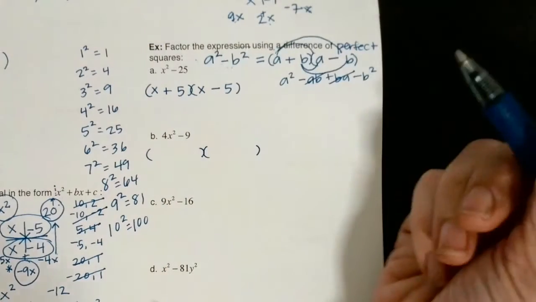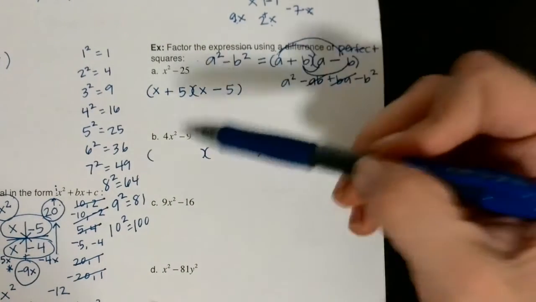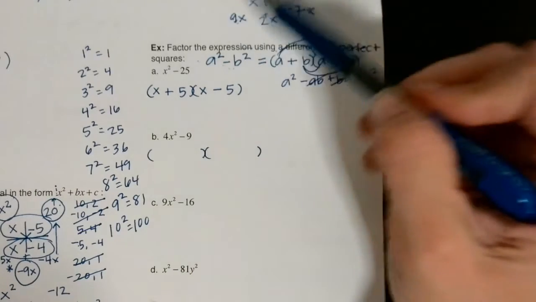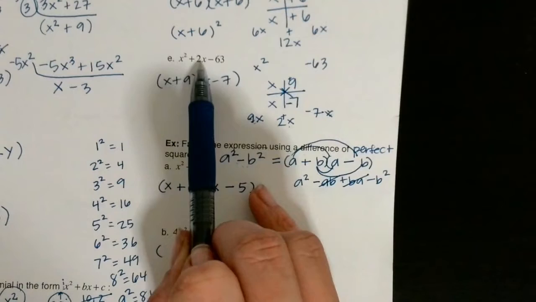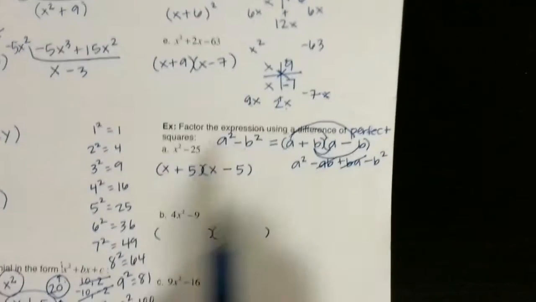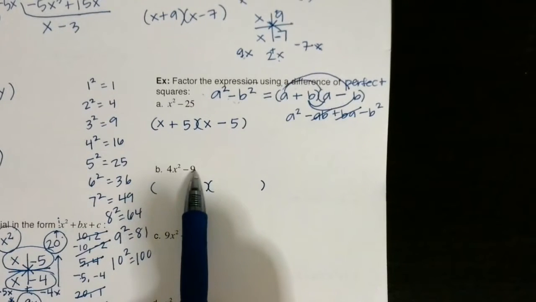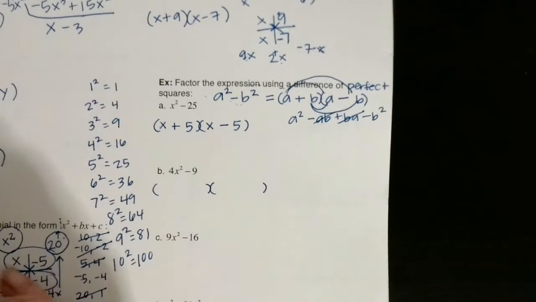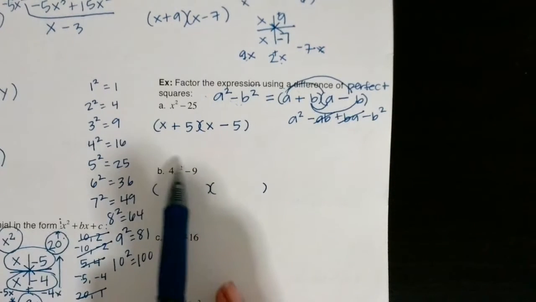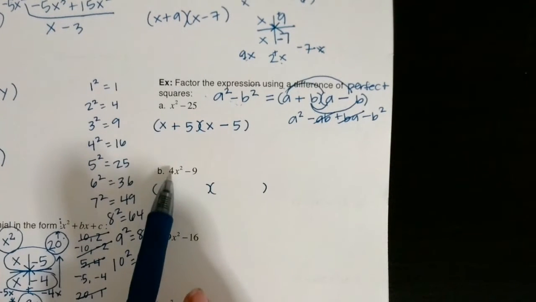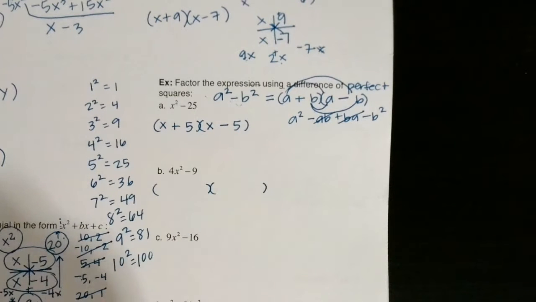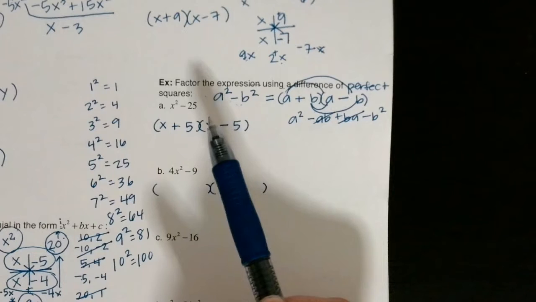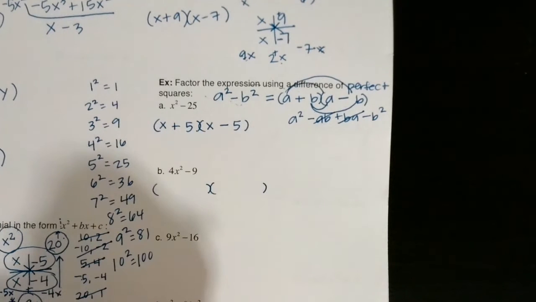You have to check to make sure they're perfect squares. How are you going to know it's not one of these t-charting things like we did before? How many terms do we have? We have 3. How many terms do we have here? We have 2. Now what about if it's a GCF? Do they have anything in common? Does 4x squared and 9 have anything in common? No. Now we know it's not a trinomial, so we're going to check for a difference of perfect squares.